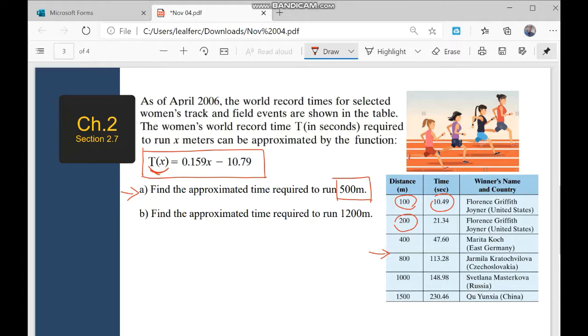You need to plug in and find out using the function. If you want to find out the time for 1200 meters, again, you don't have 1200 meters on the table. You have to plug into the function and find out the approximate time.